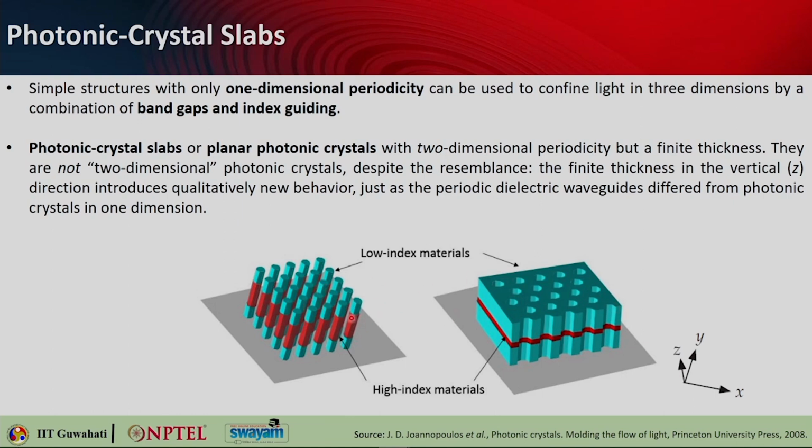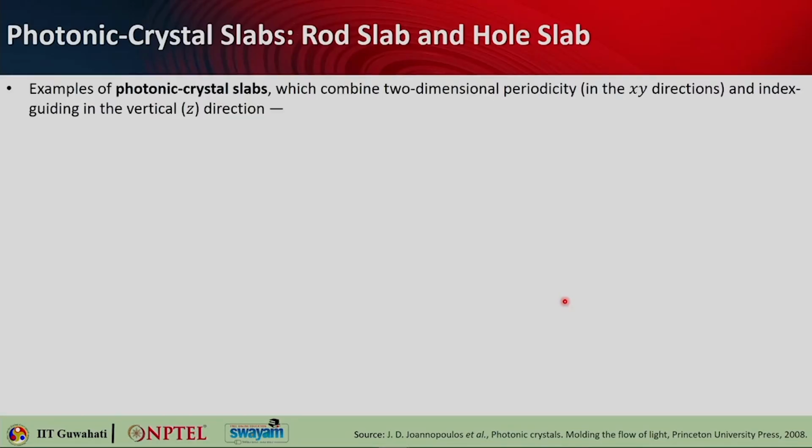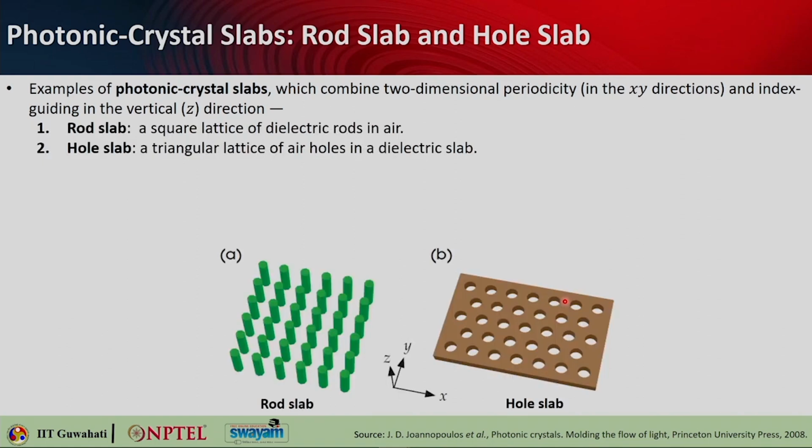This is an array of rods, this is an array of holes. So, right now you might understand why we need a rod slab and a hole slab. One will give you a band gap in one particular mode, the other will give you in the other mode. So, these are the examples of photonic crystal slabs. They basically combine the 2 dimensional periodicity, that is in the xy plane, and they have index waveguiding along the z direction.